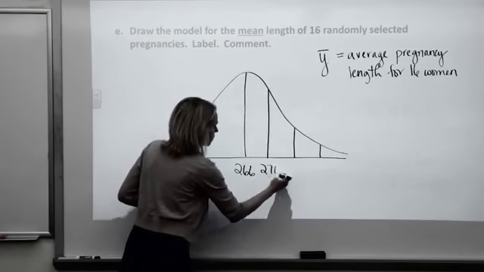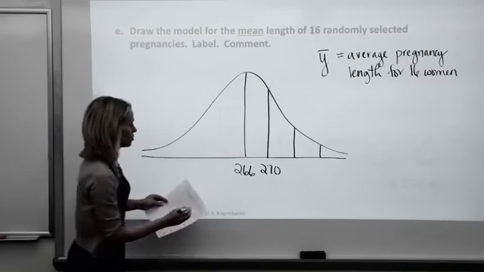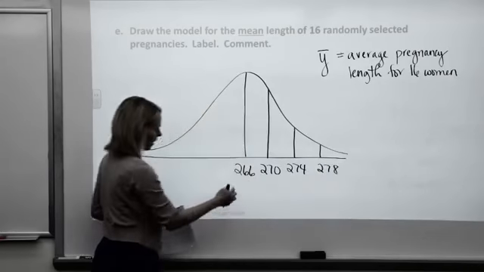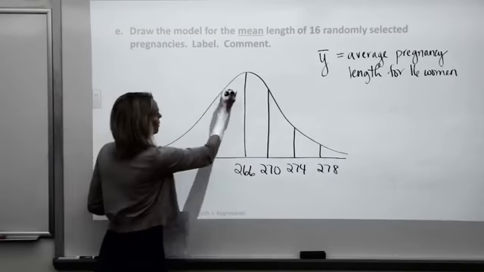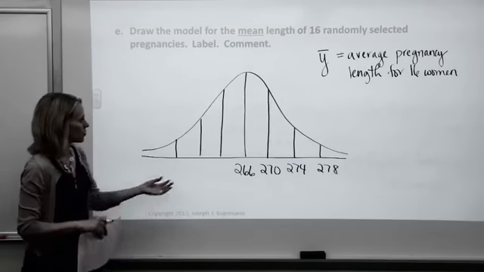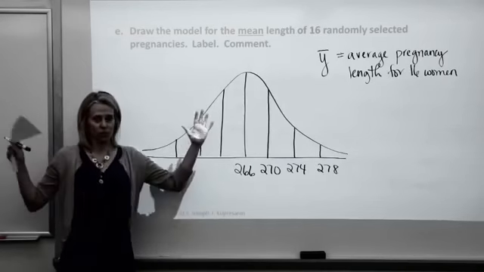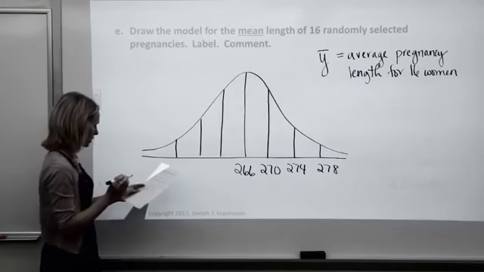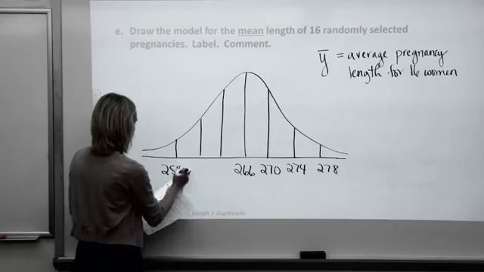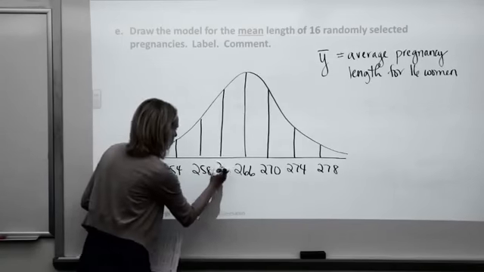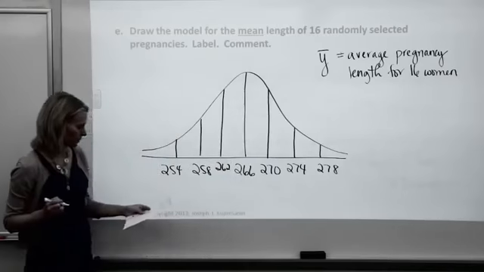So moving up 1 standard deviation, I'll be at 270, 274, 278. And then I can do the same thing the other way. So if you compare this to the one we did earlier too, you can see that those numbers are much less spread out than they were for individual pregnancies. 262 will squeeze in there.